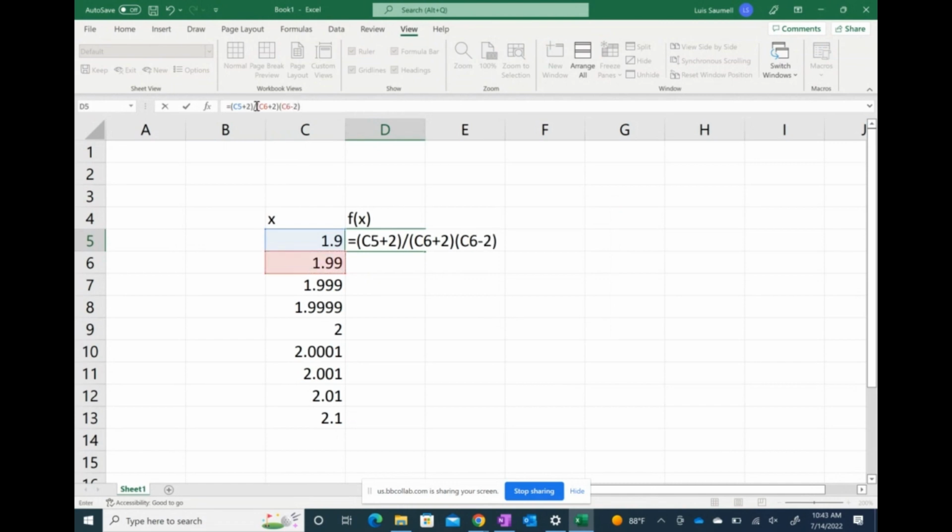Then I need to put another pair of parentheses, and I need to tell it to multiply. Okay, so we get our output there.